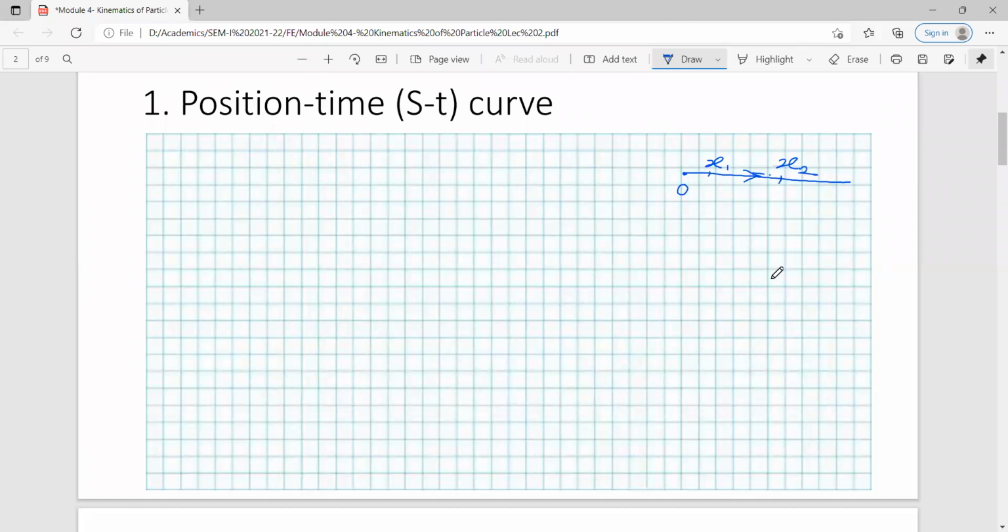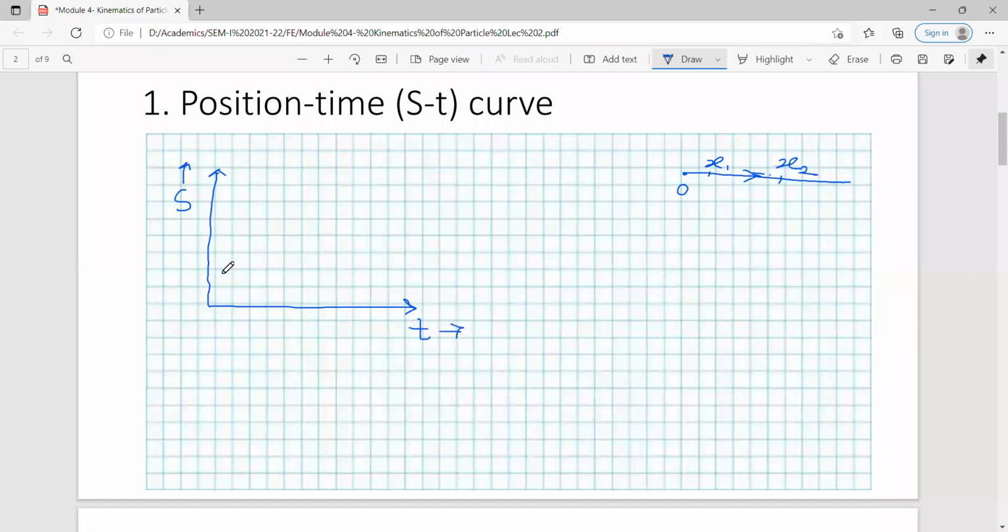Another way is that you simply draw a graph, in which you have two axes. On one axis you have the displacement, and on the other axis you have the time.